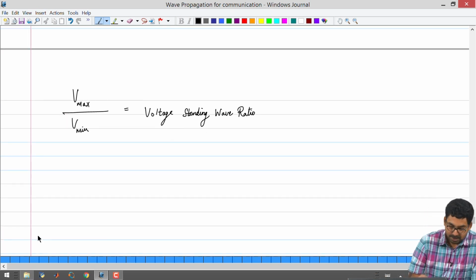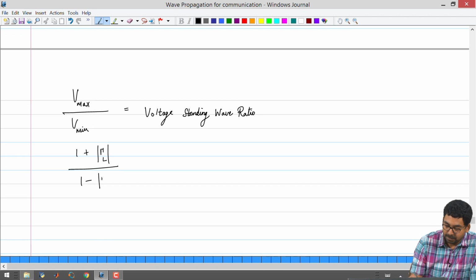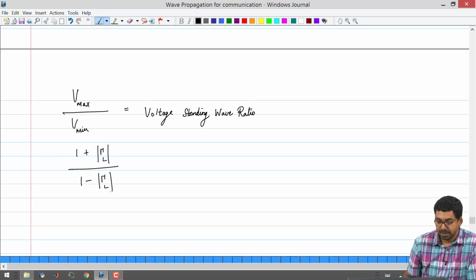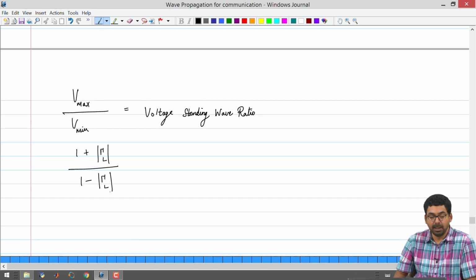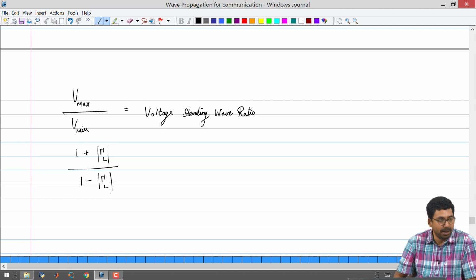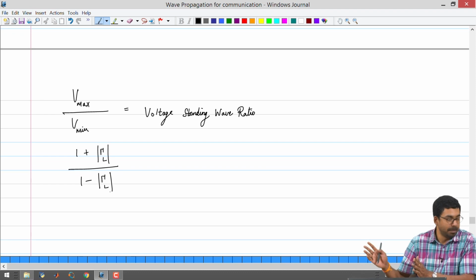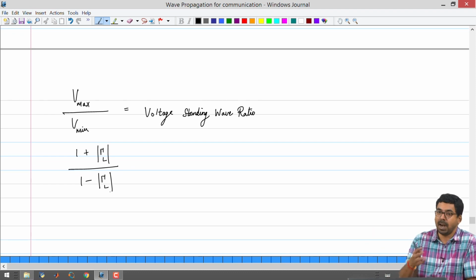V max divided by V min can be simply written as 1 plus mod gamma L divided by 1 minus mod gamma L. The V max depends on the reflection coefficient, and at the time it will be maximum, you have the positive component coming from the backward voltage adding up to your forward voltage.